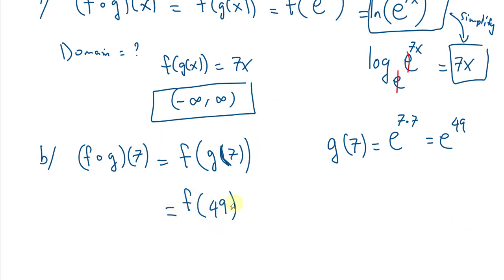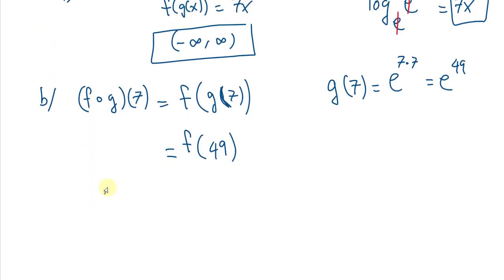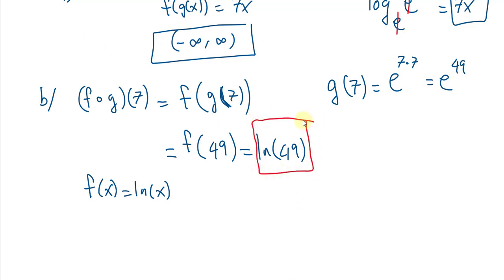Now we are looking for f of e to the 49. We know that f of x is ln of x, so f of e to the 49 is ln of e to the 49. And that is your final answer.